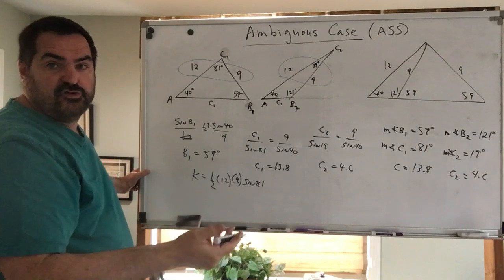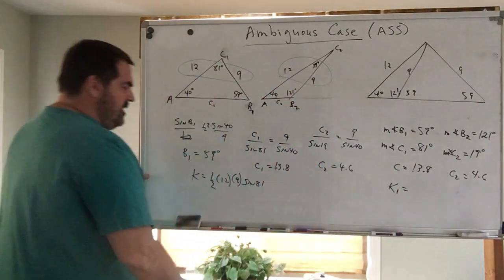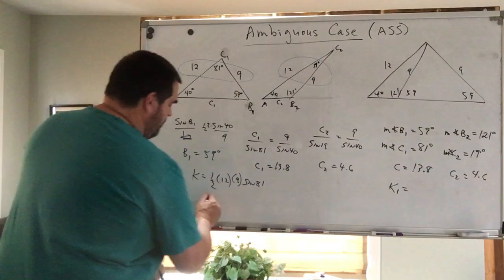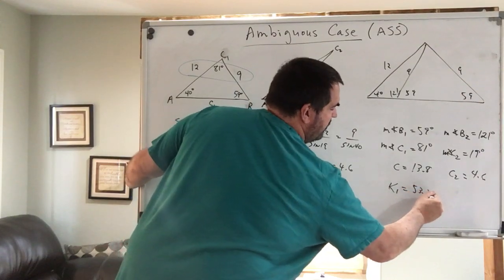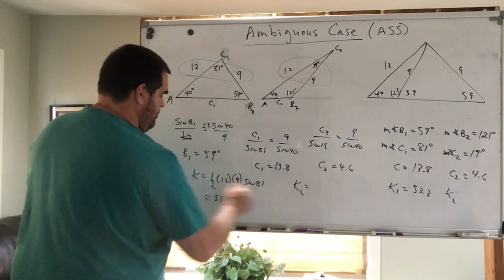So if we had to find the area of each triangle, we can call this one area of triangle 1. I punched that in my calculator earlier, and I got 53.3. So now I've got 53.3 for area 1.